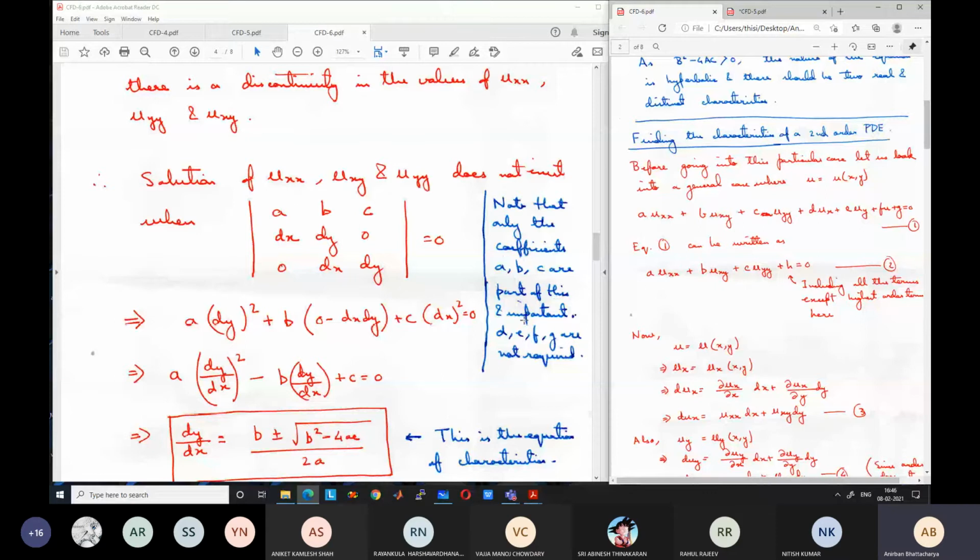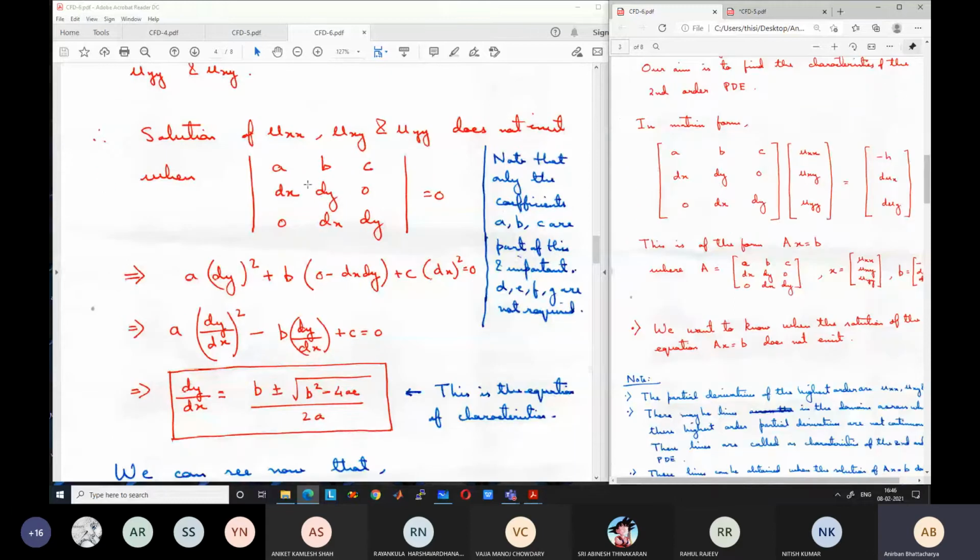So the determinant is 0, find the determinant. You already know this, it is class 11, class 12 maths. So A into dy square minus 0, plus B into 0 minus dx dy, plus C into dx square minus 0, equal to 0.